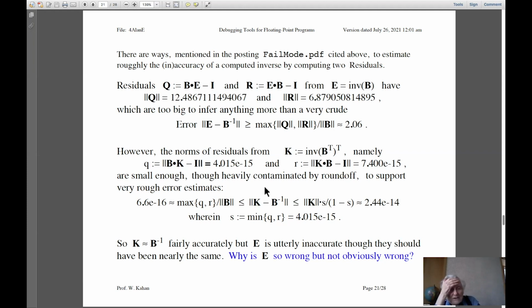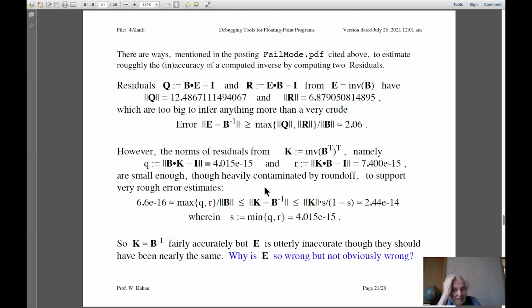So these residuals, you can't really trust anything except approximately their order of magnitude. You can't really trust the digits like 4 point something or 7 point something times 10 to the minus 15. You can only trust that it's around 10 to the minus 14 or 10 to the minus 15. But they are nice and small.